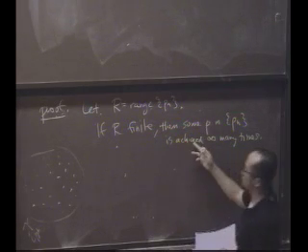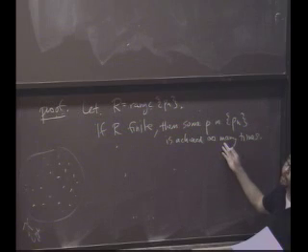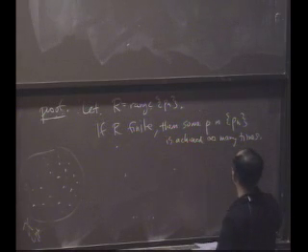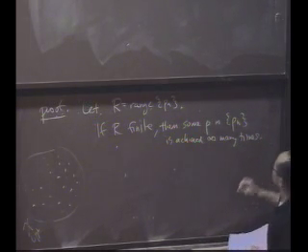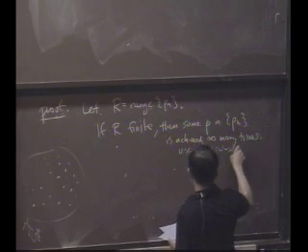Okay? This is a version of the pigeonhole principle, right? If you drop infinitely many pigeons in finitely many holes, some hole must have infinitely many pigeons, right? Okay, so use this subsequence.